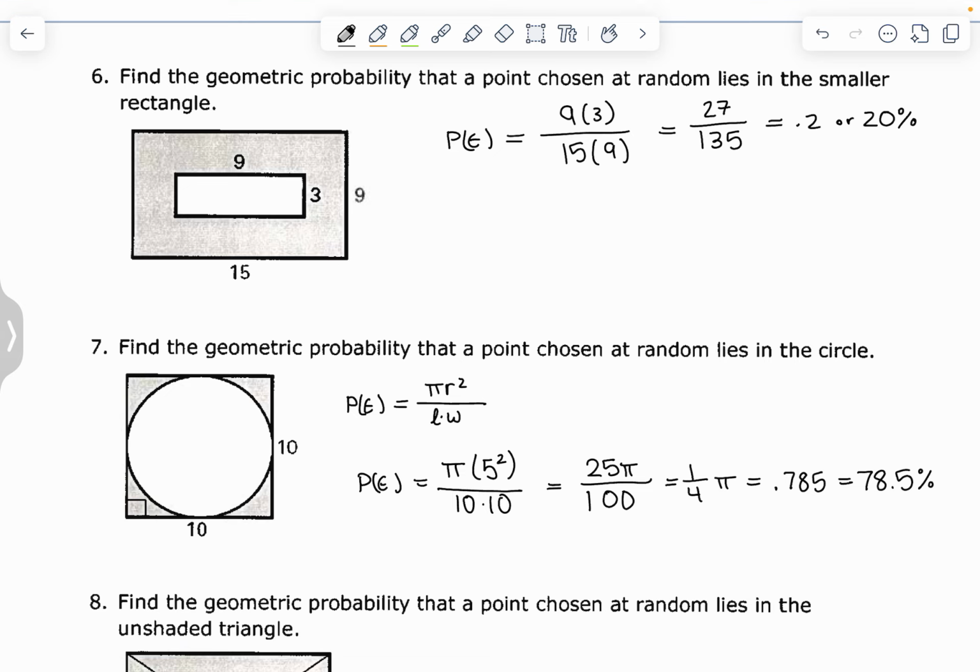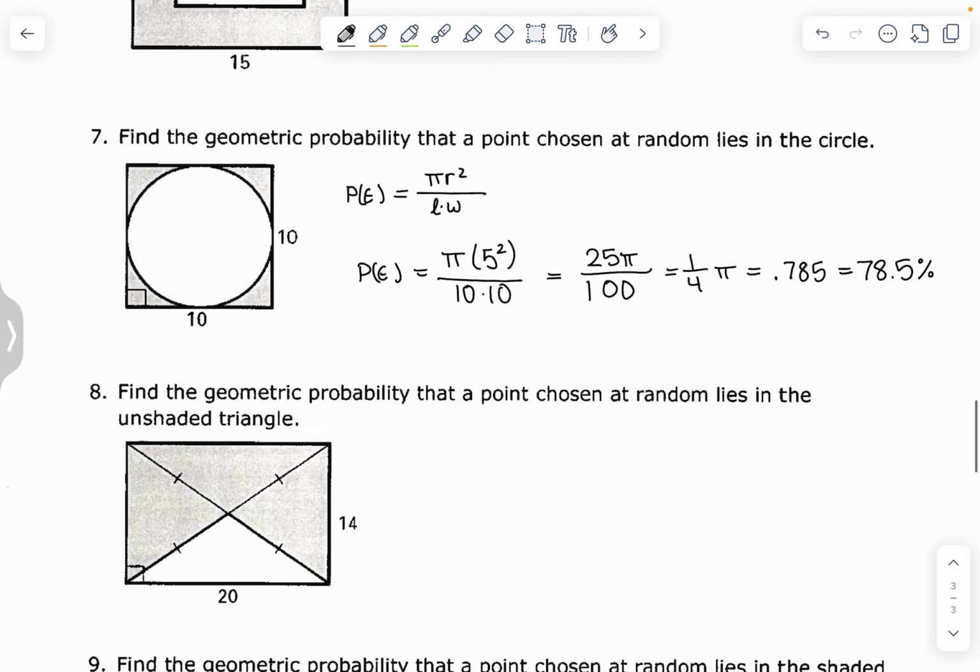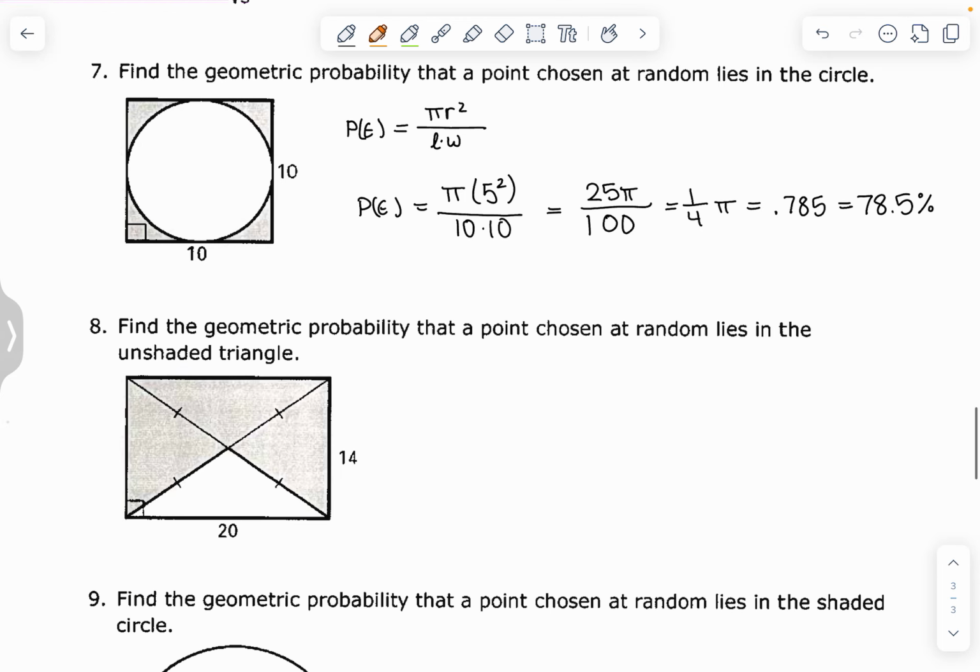For this next problem, we are going to think smarter, not harder. And we're going to kind of cheat a little bit. First, I want to show you that each triangle in this rectangle is the same. So half of this triangle right here is the same as half of this triangle right here.